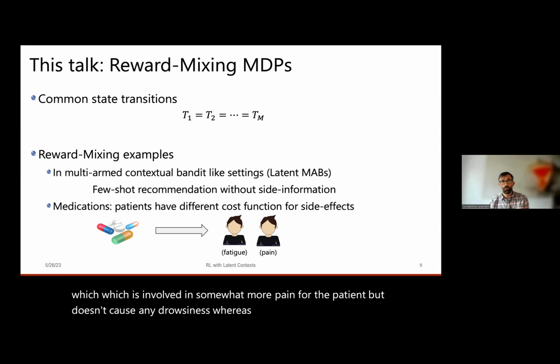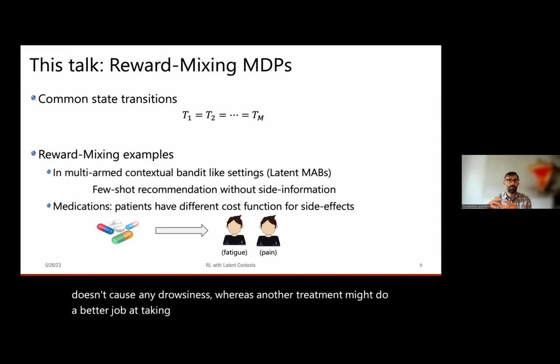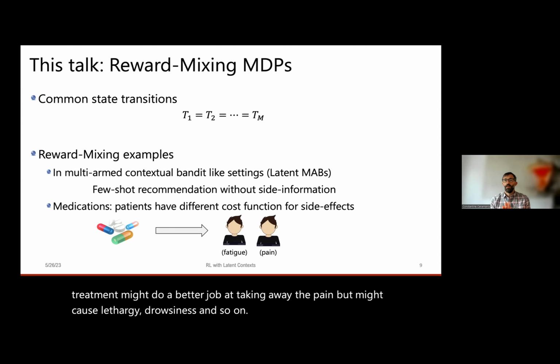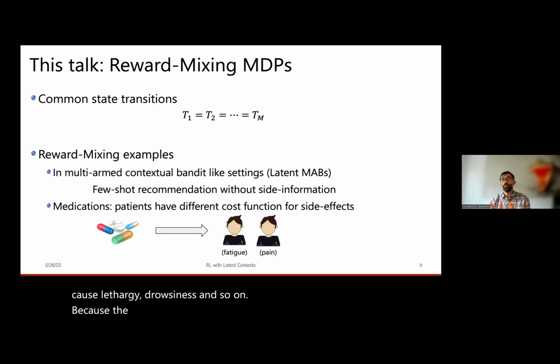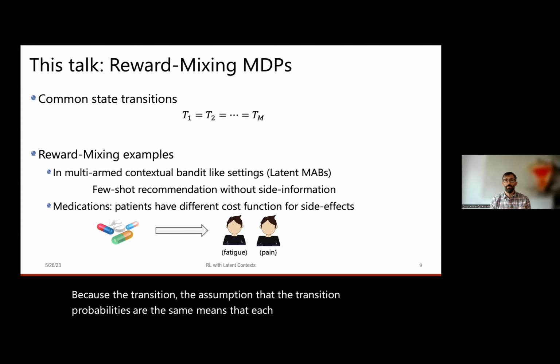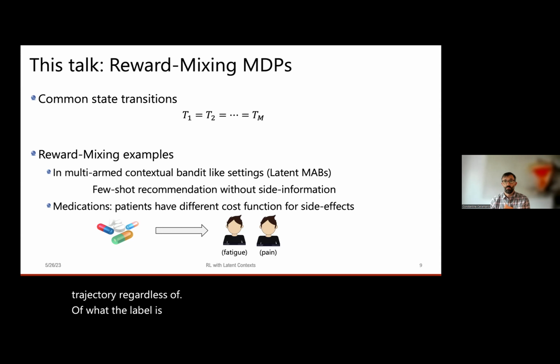Whereas another treatment might do a better job at taking away the pain, but might cause lethargy, drowsiness, and so on. Because the assumption that the transition probabilities are the same means that the disease itself will take the same statistical trajectory regardless of the label of the patient.